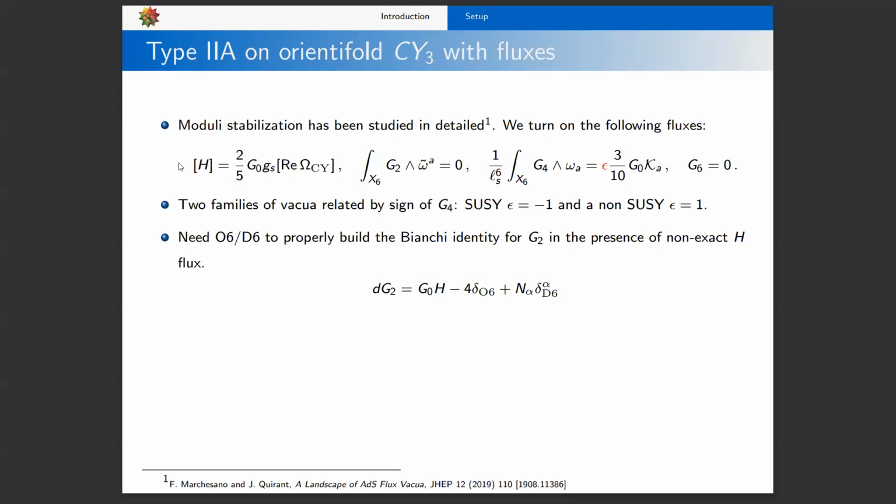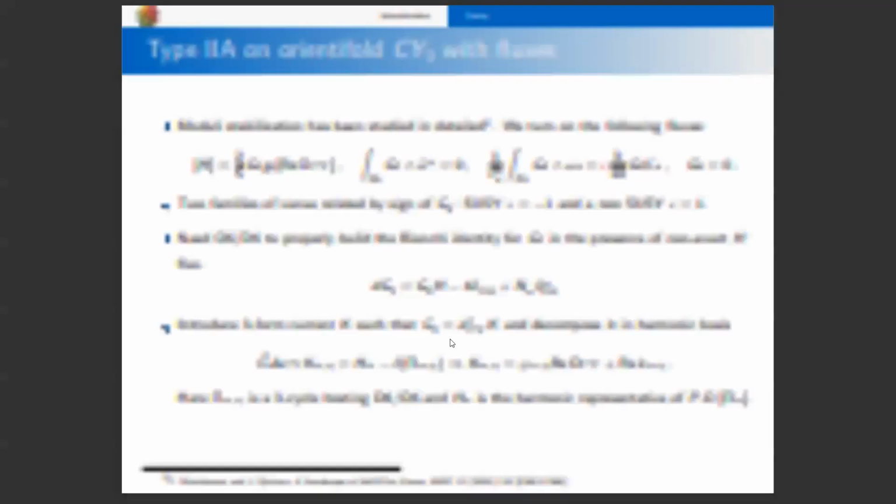Since we have a non-exact part for the NS flux, we also have to introduce orientifold planes and D6 planes to properly build the Bianchi identity for the G2 flux. We have this relation in terms of the number of D6 planes in our system.